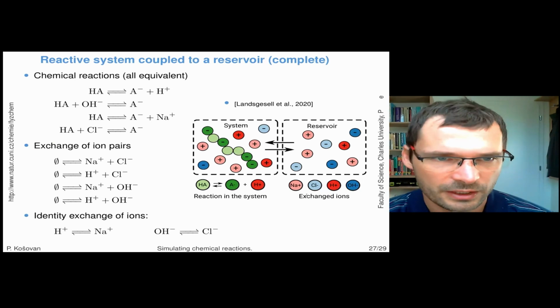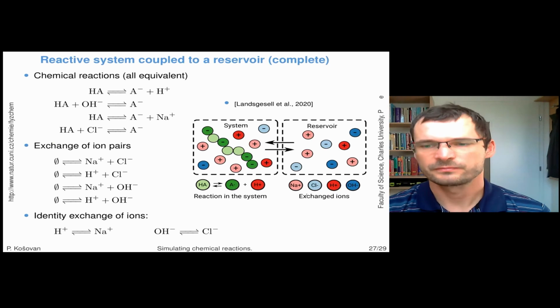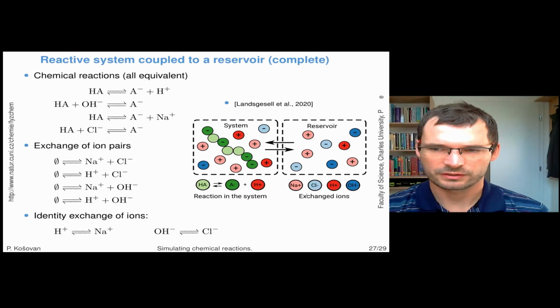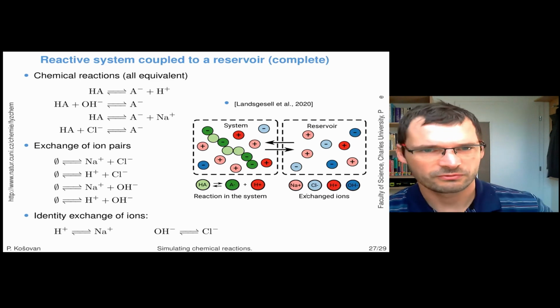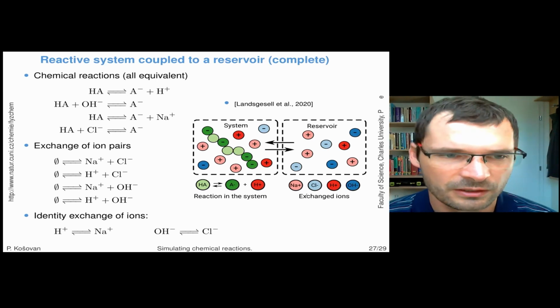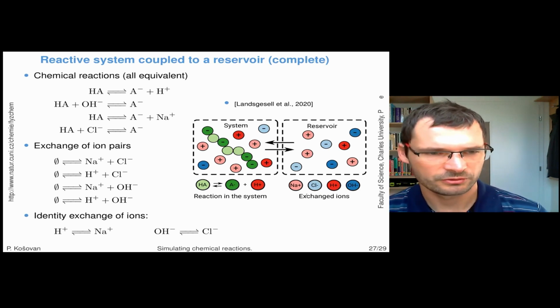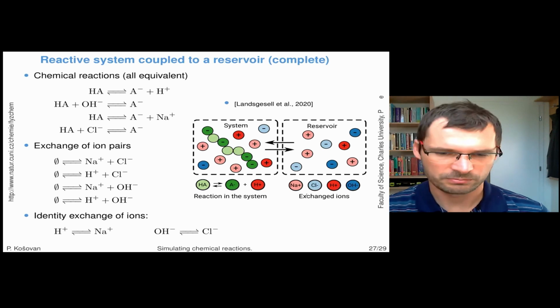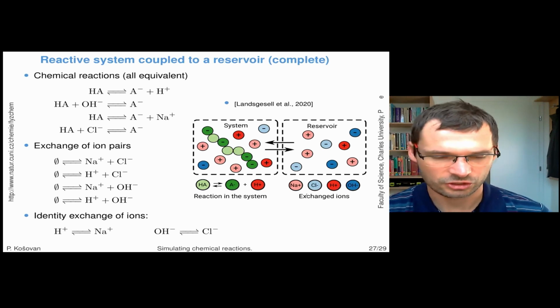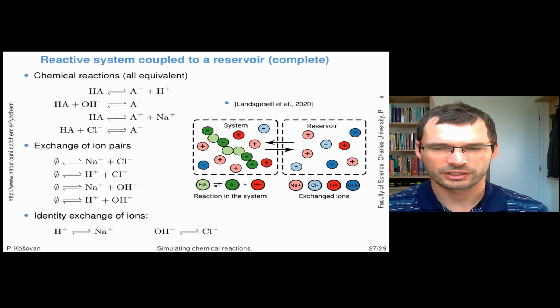Putting all that together, if I want to simulate a system which has a reaction inside and it is coupled to a reservoir, I should actually use 4 chemical reactions, all equivalently representing one acid-base ionization reaction. I should use the reactions representing the exchange of ion pairs, and to boost my efficiency, I can in addition set up the identity exchange reactions.